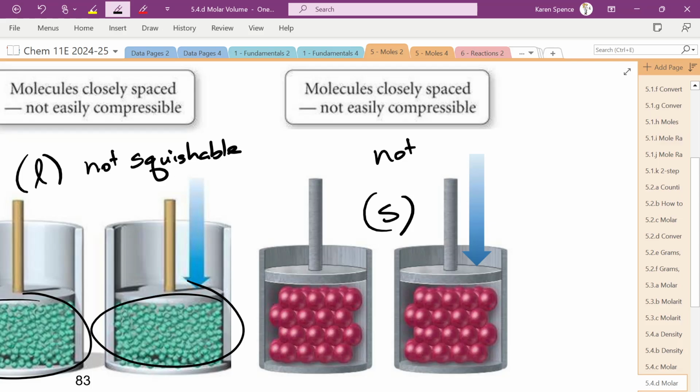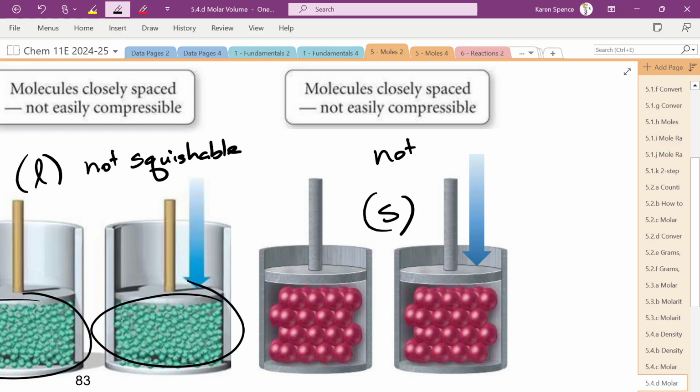If you have ice, ice is kind of special, right? Do you guys know about ice and how it packs when it is a solid? It actually expands. So there's actually more space between the molecules when it's a solid.